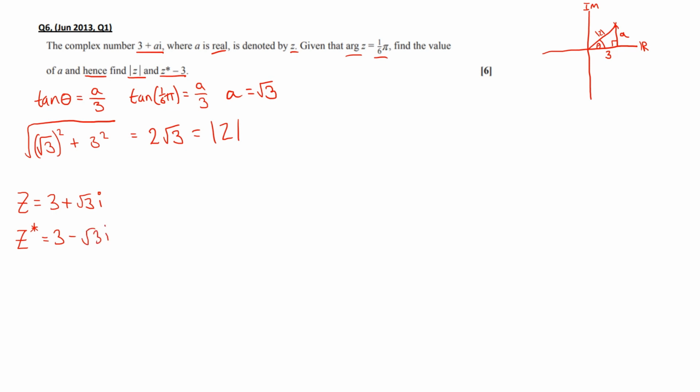So then if we do 3 minus root 3i, and then we minus 3 from it, then we're just going to get minus root 3i. So these are our answers. And we'll move on to the next one.